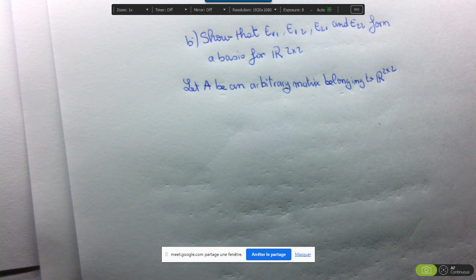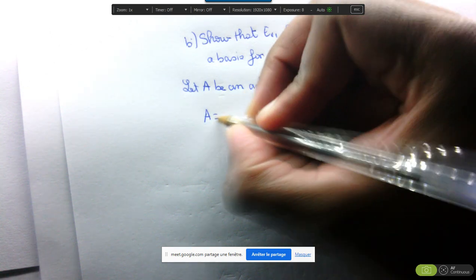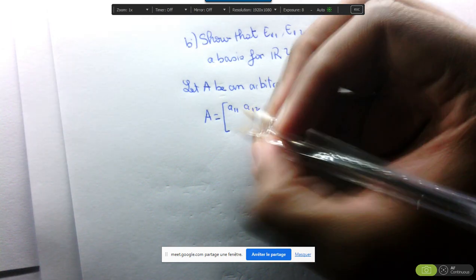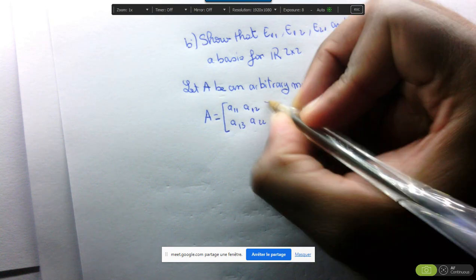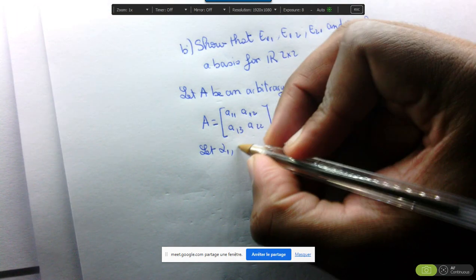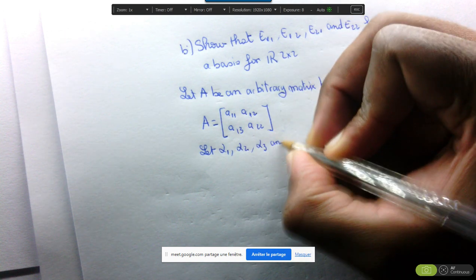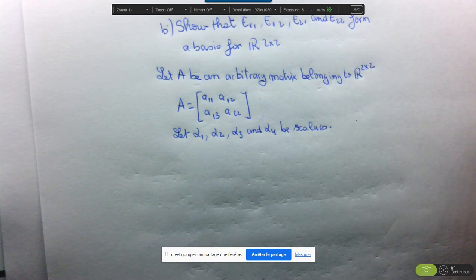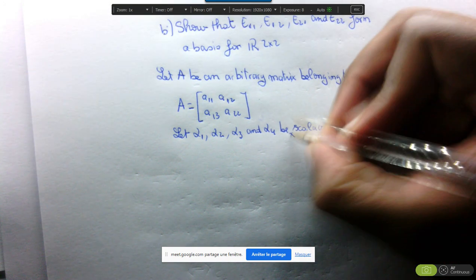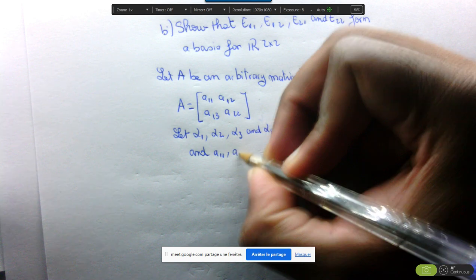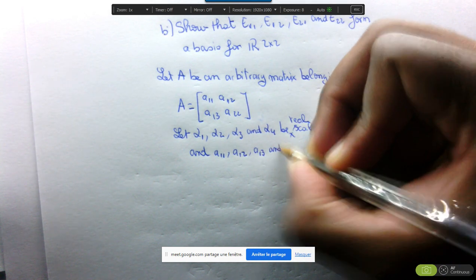So what I can say is that A equals [a11 a12; a21 a22]. Let alpha 1, or C1 if you prefer, alpha 2, alpha 3, and alpha 4 be real scalars, and a11, a12, a21, and a22 all belong to the set of real numbers.